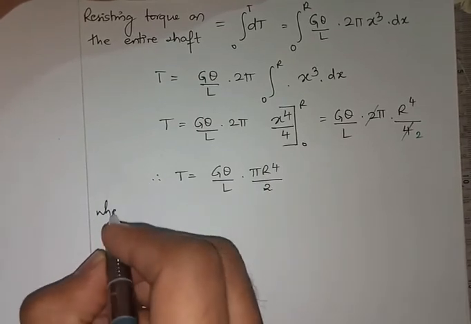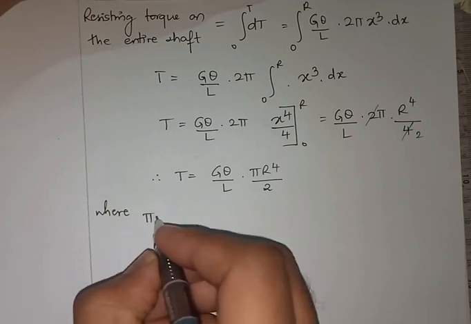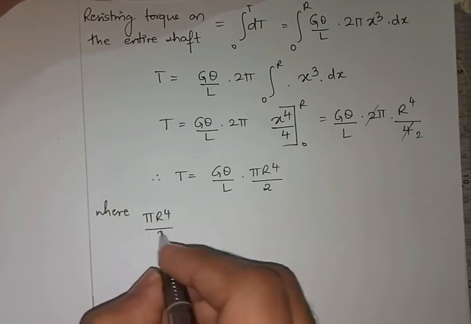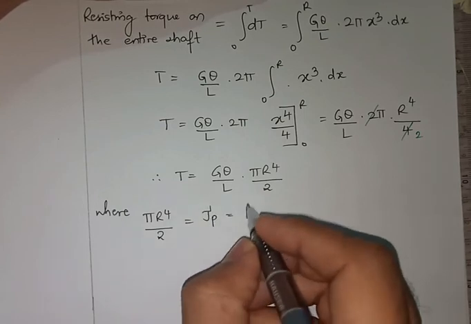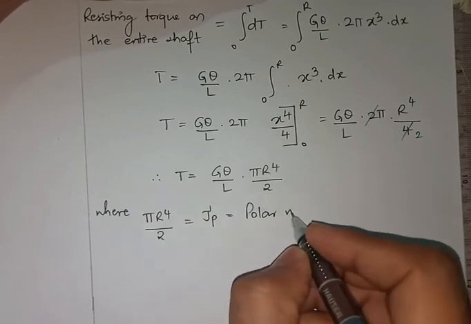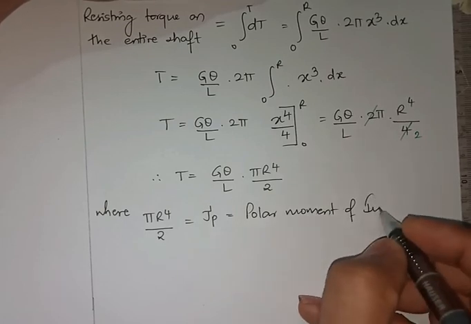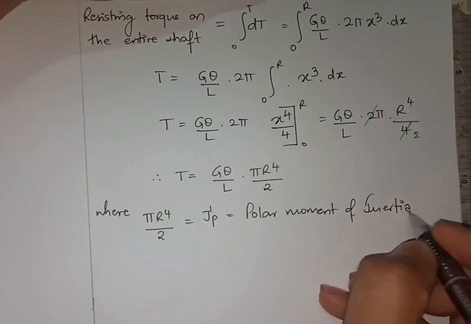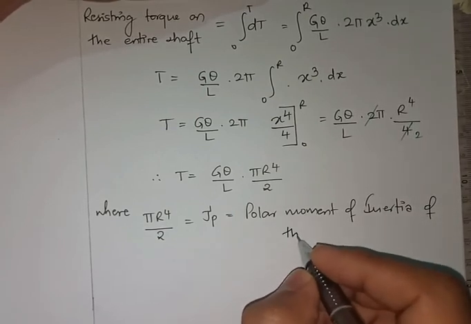Pi r raised to 4 divided by 2 is denoted as Jp, and it is the polar moment of inertia of the shaft.